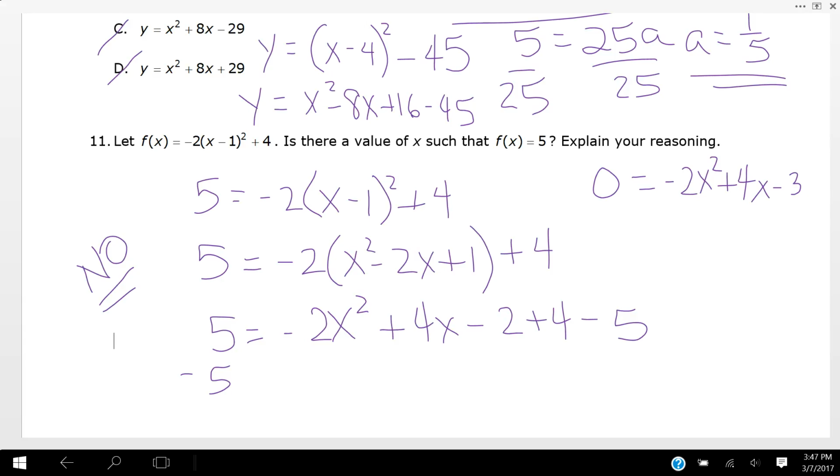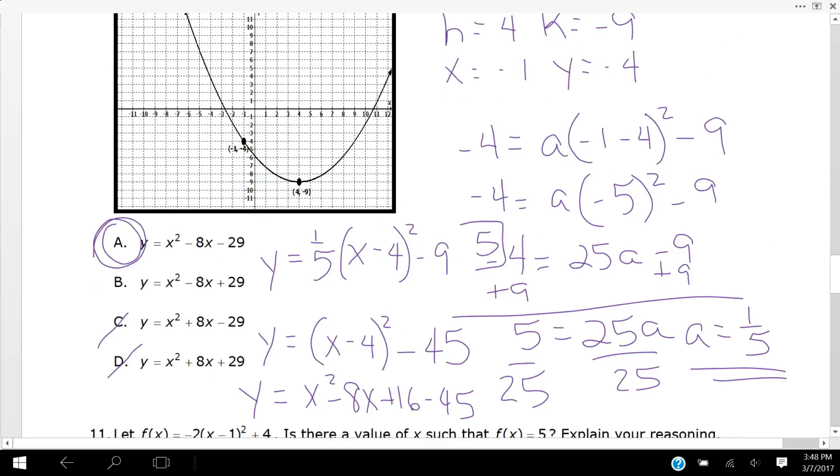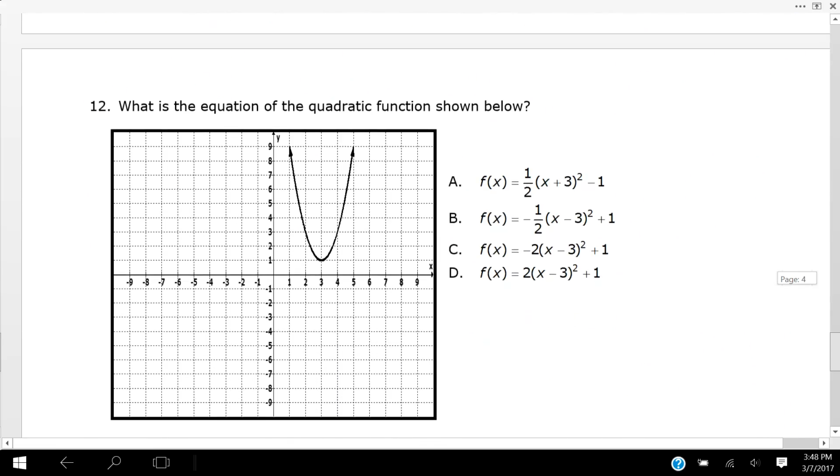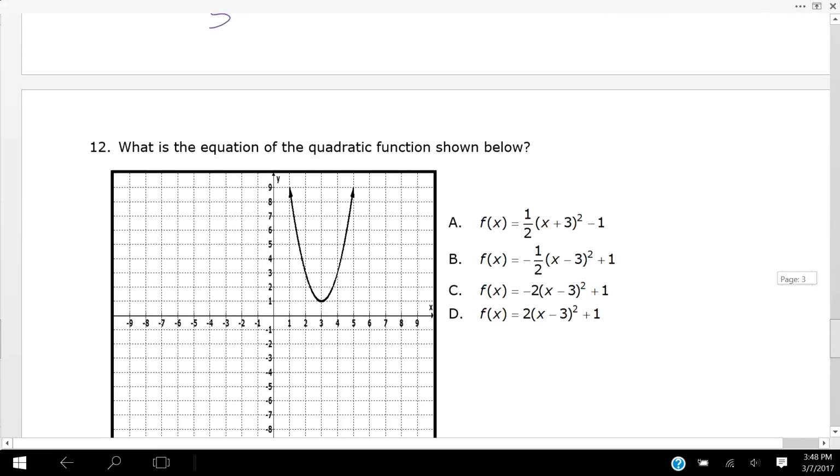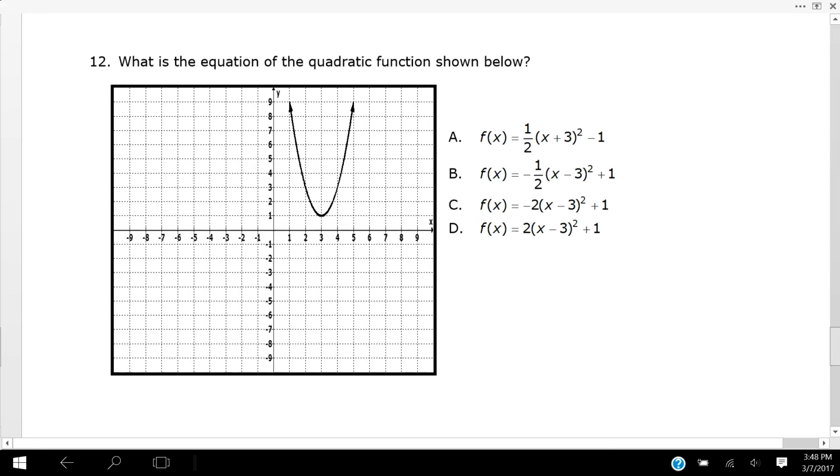Because basically, I have to have a solution to that. And if my product is 6 and my sum is 4, there are no magic numbers, which doesn't mean that there's not a solution. Okay, we're just going to leave that like that for now. We'll talk about it tomorrow, because this ended up being way longer than I wanted it to be.